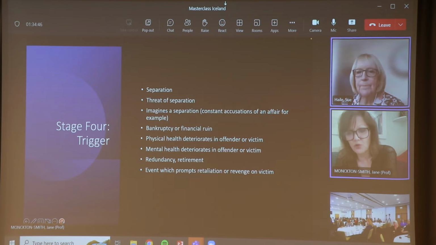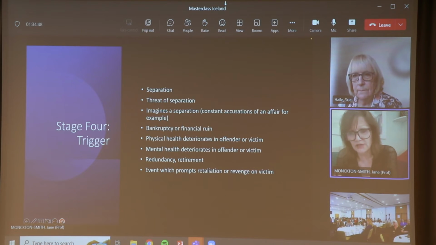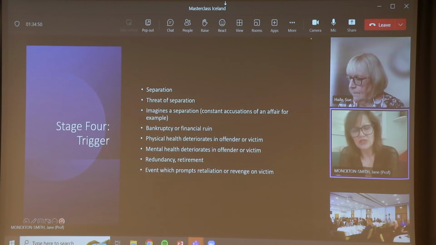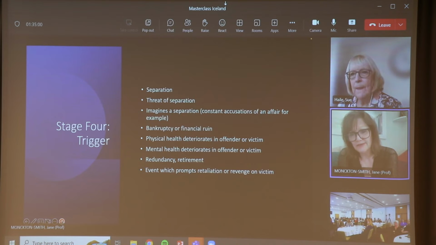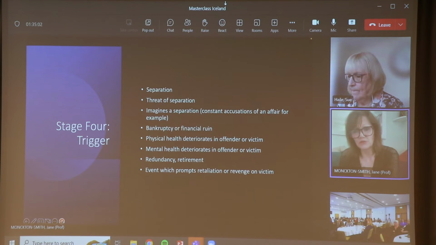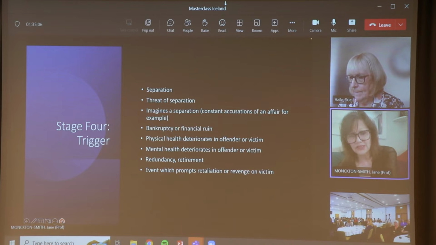It gets more visible. People start noticing it. And it could be any kind of event which prompts retaliation or revenge. But what we found, interestingly, was that even where the trigger was bankruptcy maybe, or physical health deterioration, there was a fear in the controlling person that would lead to a separation.